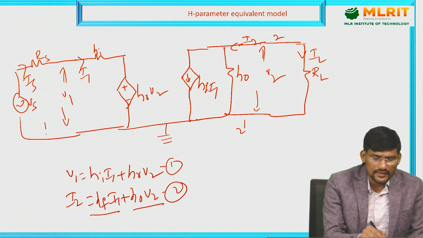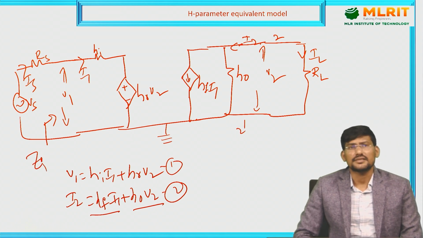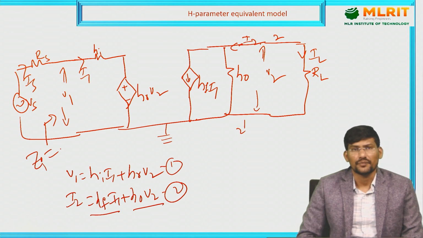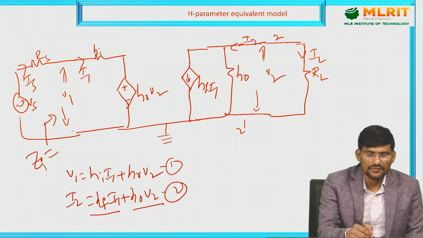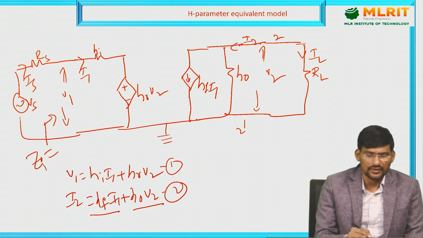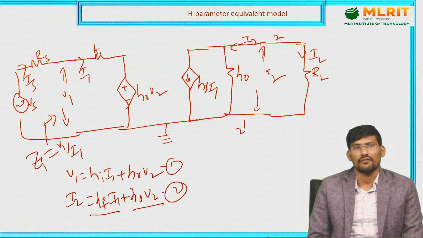Now what is the input impedance? ZI. ZI is called the input impedance seen into the transistor amplifier circuit, which is defined as the ratio of input voltage to the input current. What is the input voltage we are applying to the transistor? V1. And what is the input current? I1. Now how can we define the input impedance? It is the ratio of V1 by I1.